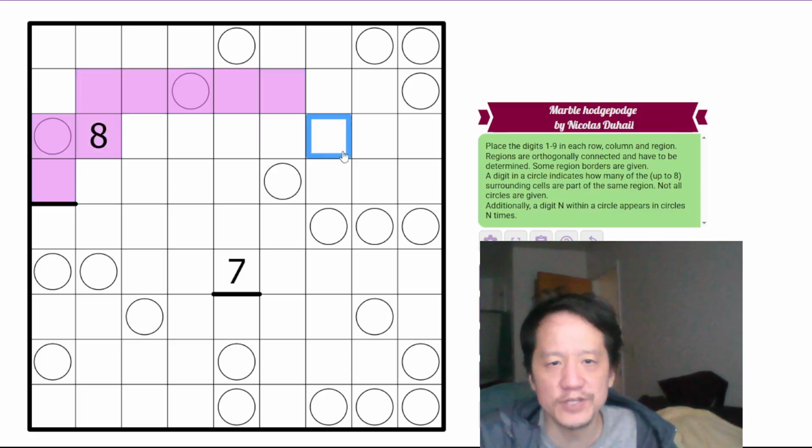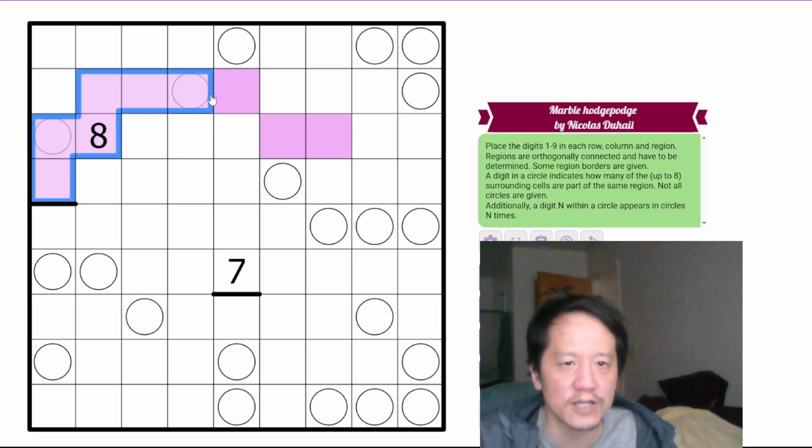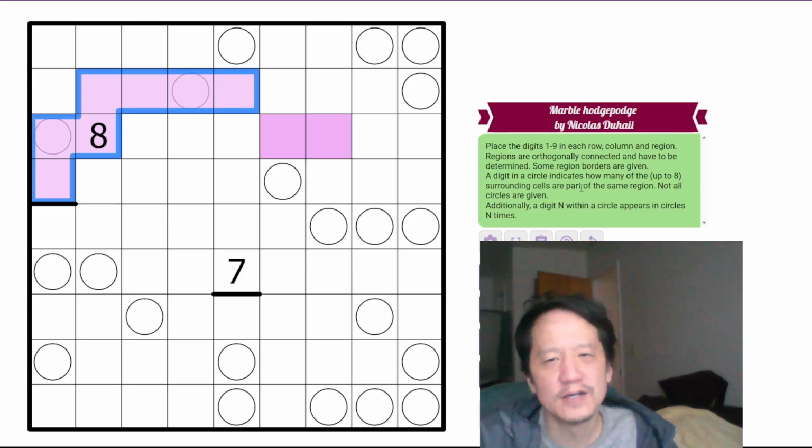But this would not be a valid orthogonally connected region. And this is not a valid one either, because even though these share an edge, if you try to go from here to here, you cannot do that just through this region by going through edges. I hope that's a clear way of explaining what orthogonally connected means.